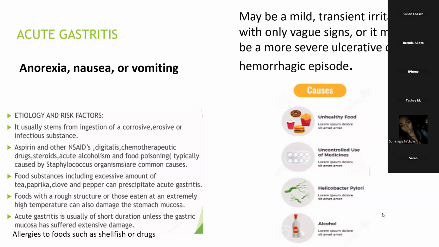Oh, I'm sorry. If it's coming out in the stool, then what color is it going to be? Is it going to be the clay color? Clay colored is usually going to be if there's something wrong with the liver, the gallbladder, or the pancreas.